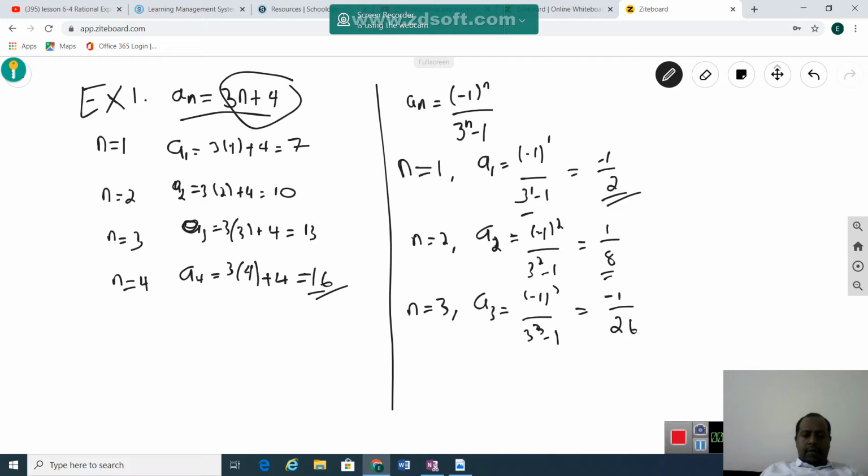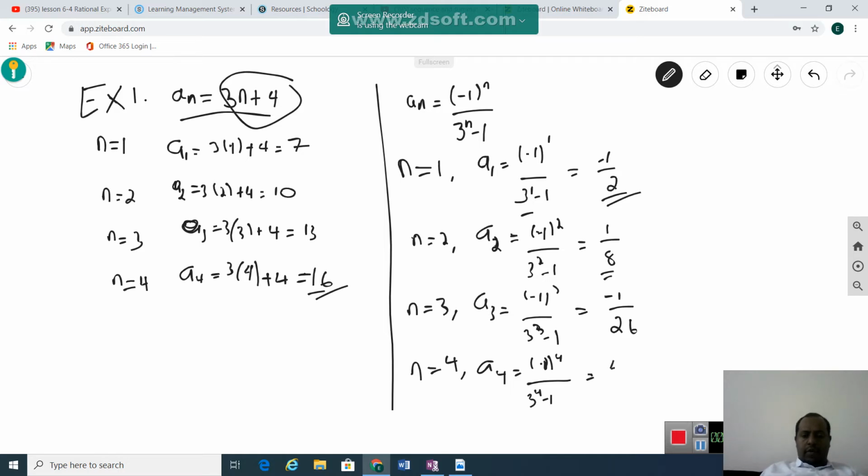Then the fourth term, again, n is equal to 4. So this will give me the fourth term, a sub 4. This will be negative 1 to the power of 4 over 3 raised to 4 minus 1.